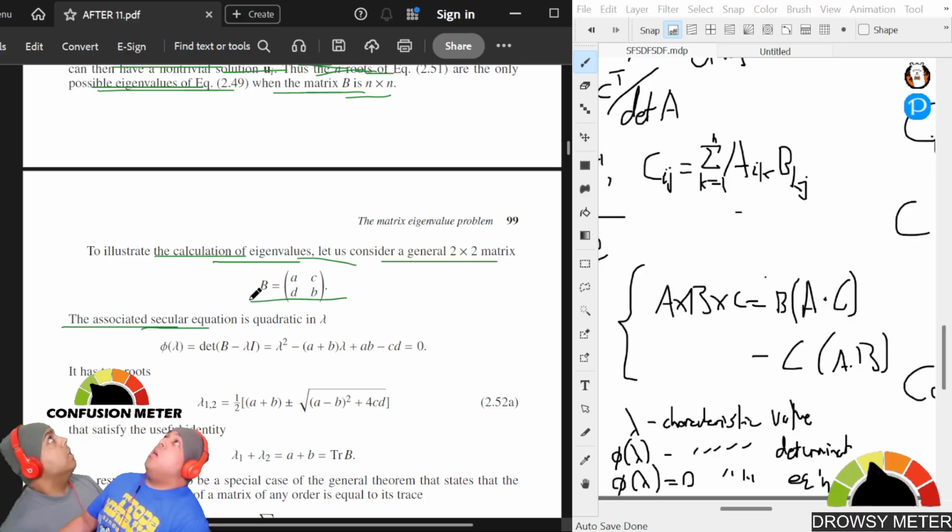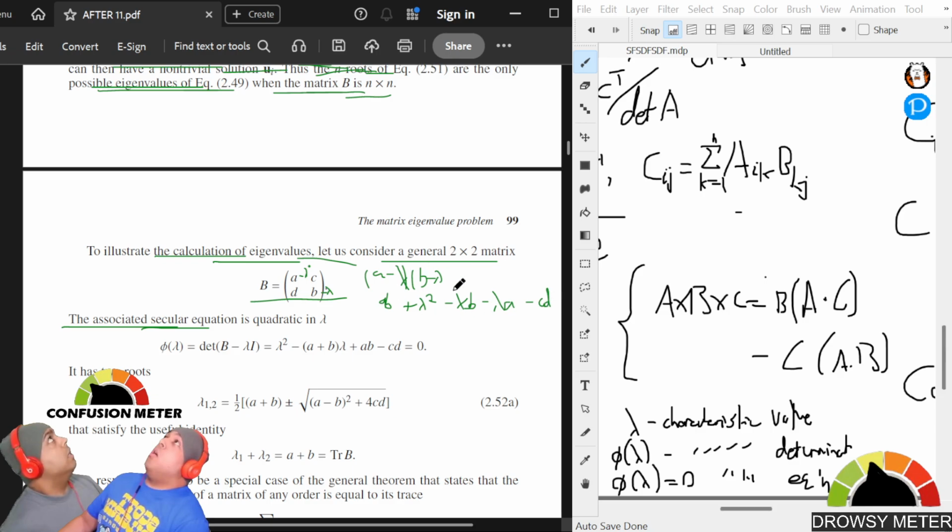Phi of lambda would be the determinant of B minus lambda I, which equals (A minus lambda)(B minus lambda) minus CD. Expanding: AB plus lambda squared minus lambda B minus lambda A minus CD.